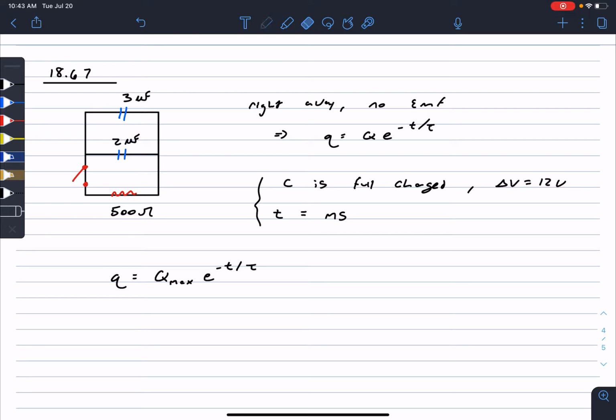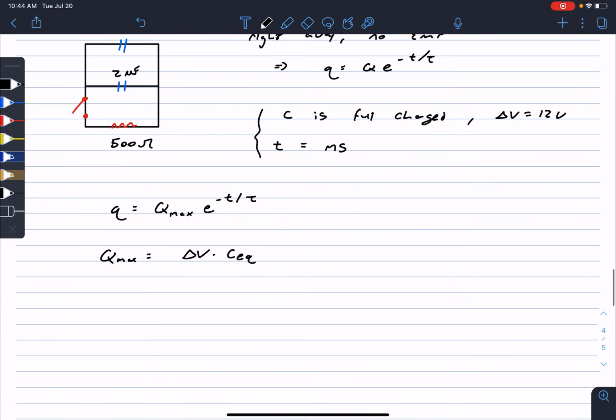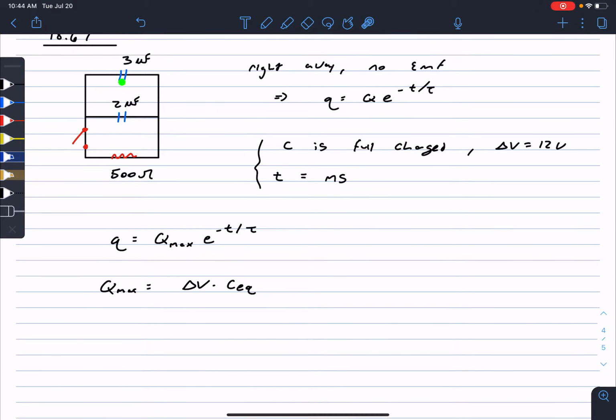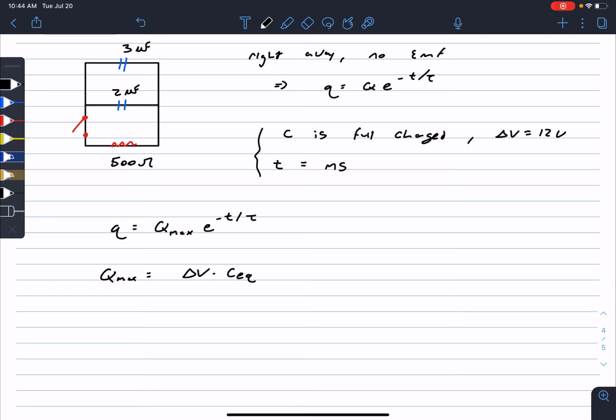Okay. So the first thing we need to do, let's find Q max. So Q max is equal to delta V times equivalent capacitance. Now, notice that our capacitors are in parallel, so that means that we can just sum them up straight, because capacitors are summed opposite of the way that resistors are summed.